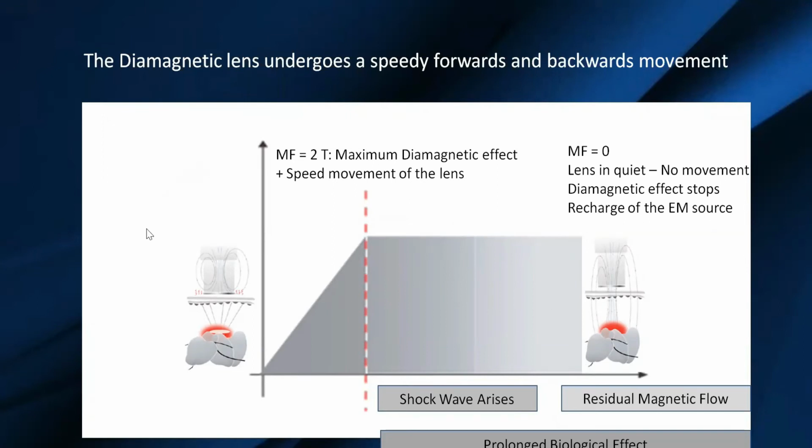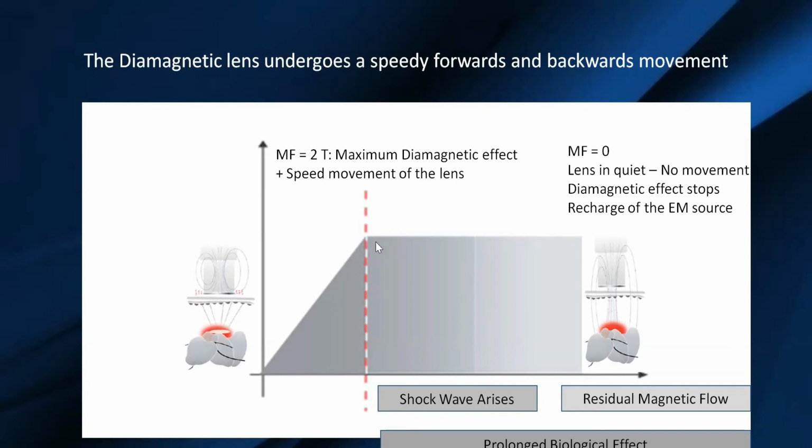By the law of diamagnetism, in the first part of the impulse, the diamagnetic lens is impermeable to the magnetic fields. In this case, all the energy is employed to generate the shock waves, to move the lens.